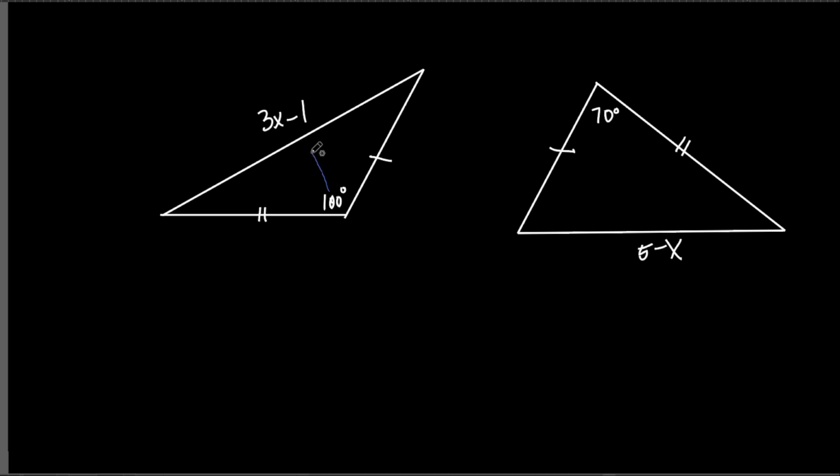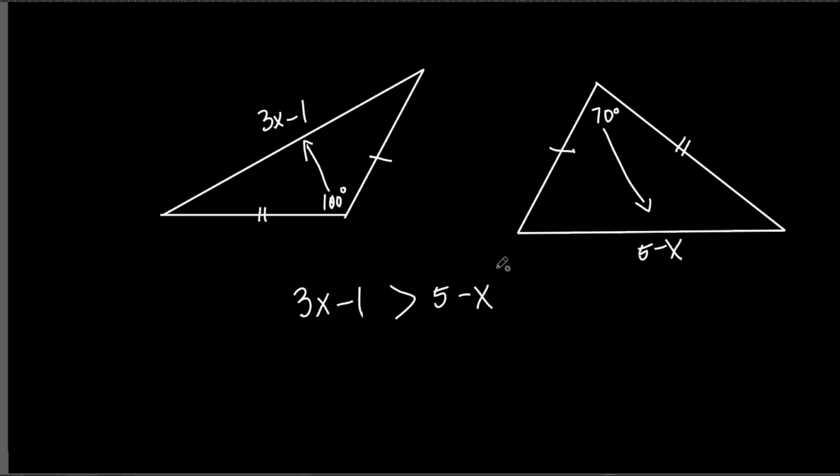This is opposite the 100. This is opposite the 70. So tell me something about the 3x minus 1. It's greater than 5 minus x. Okay? That's our first step, but we're not done. We got to do a couple things here.